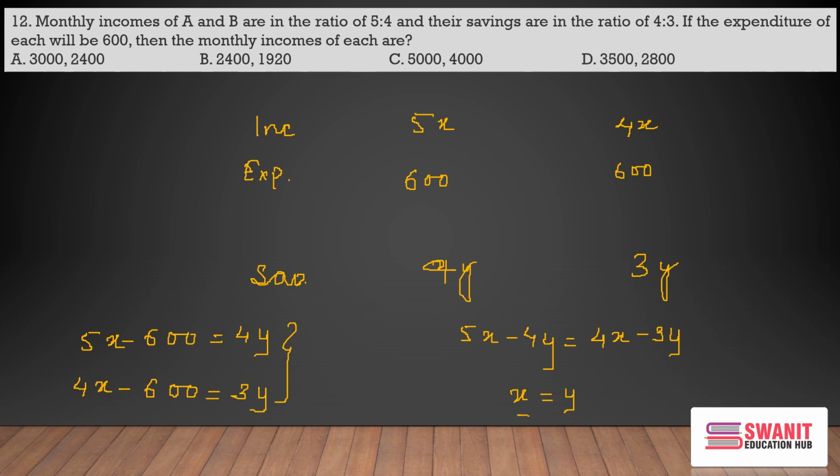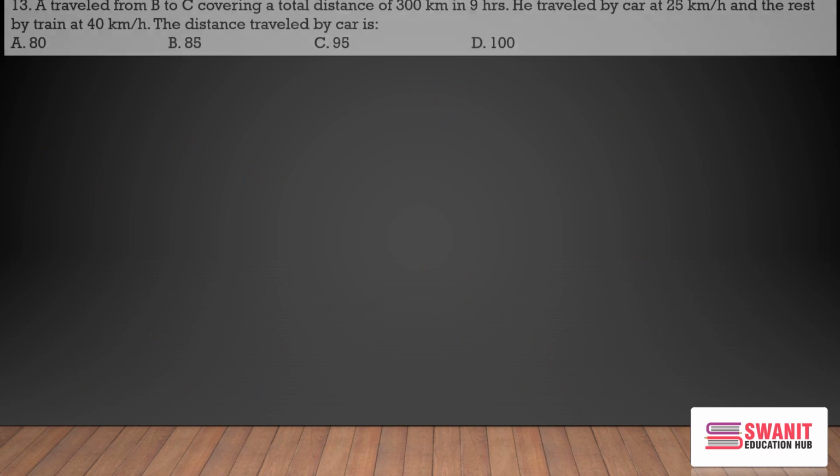If I put x is equal to y in any of these equations, my value for x and y comes out to be 600 rupees, which means their incomes would be 5 multiplied by 600, that is 3000 rupees income for A, and 600 multiplied by 4 is 2400 income for B, and that makes option A the answer. So an equation was formed for the solution. Next question.